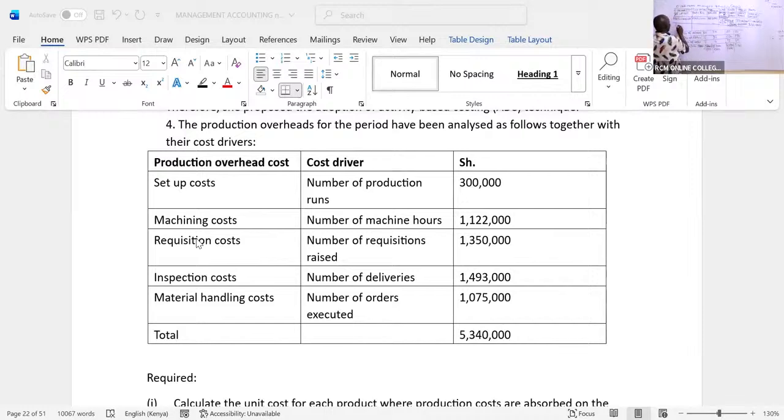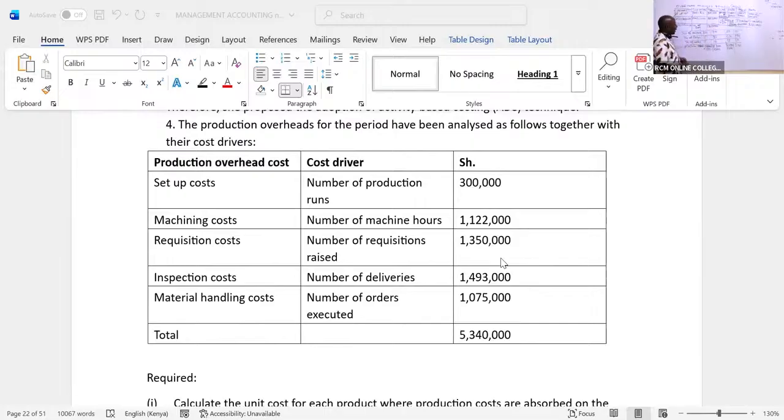In this case here, requisition cost, they've told us the number of requisitions is the cost driver. Have they given me the total amount of requisition cost? Yes, 1,350,000.